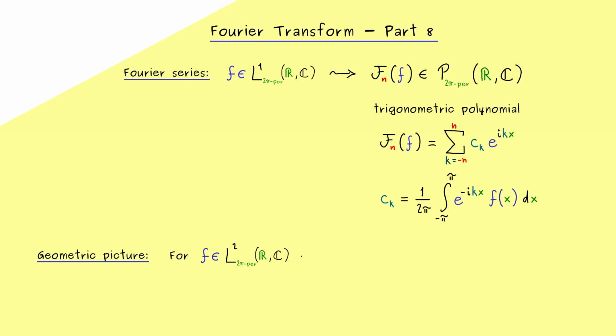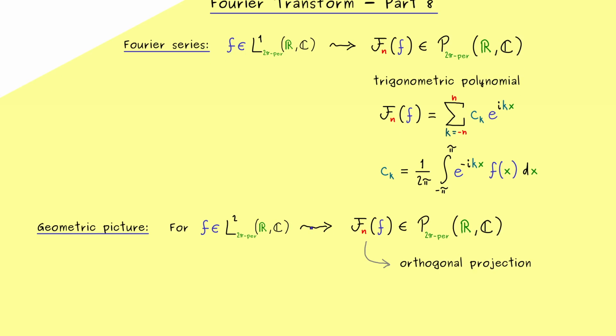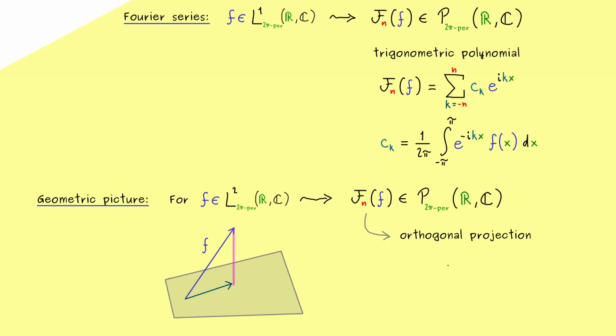And then indeed we have a very nice geometric picture because fn of f is just an orthogonal projection. This is a big advantage because we can use all the knowledge we have about orthogonal projections already. In fact, what we will discuss today holds in general for inner products. It turns out the whole thing is a geometry argument which just uses that we have a right angle here.